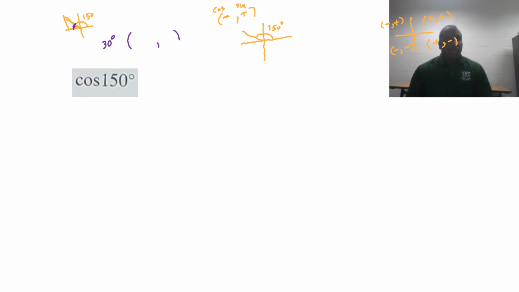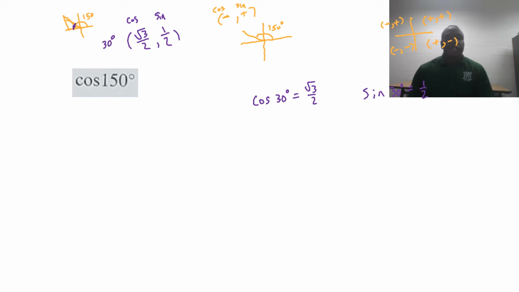So the point would have to be square root of 3 over 2 and then 1/2. Remember that cosine comes first and sine comes next. So in other words, we're saying that the cosine of 30 degrees is radical 3 over 2, whereas the sine of 30 degrees is 1/2.